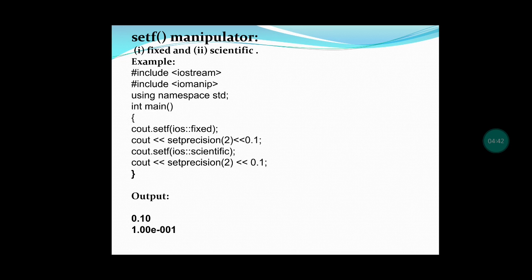We are using fixed. And the next one we are using setprecision with scientific. When we use fixed, it displays the output as 0.10, but when we use scientific, it displays the output as 1.10e, that is, the exponent is also displayed. So fixed is entirely different from scientific.